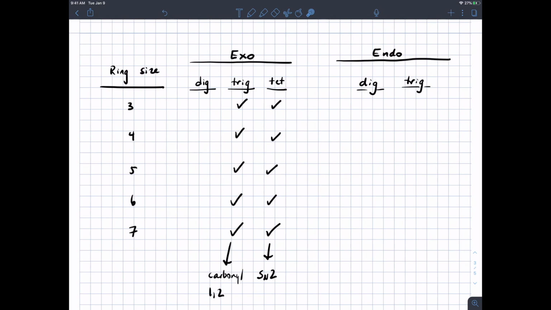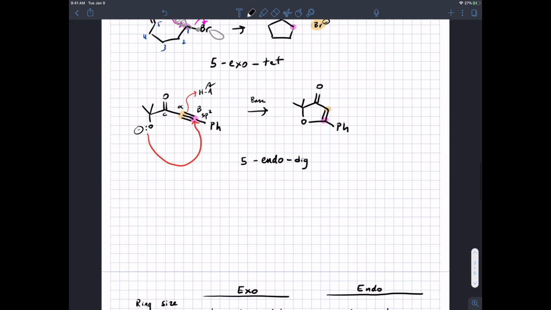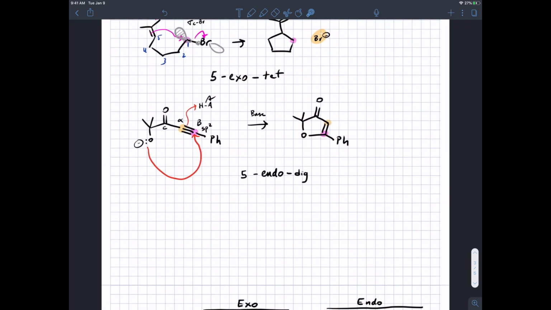In contrast, ring size matters for the exo-dig cyclizations. And the reason 3 and 4 don't work is that if you look at an alkyne, 1, 2, 3, 4, 5, it would be pretty hard by atom 3.